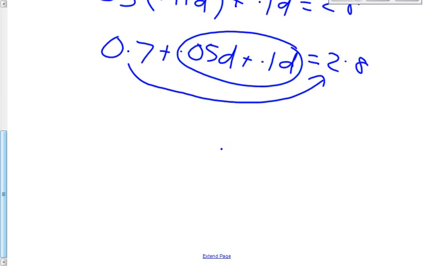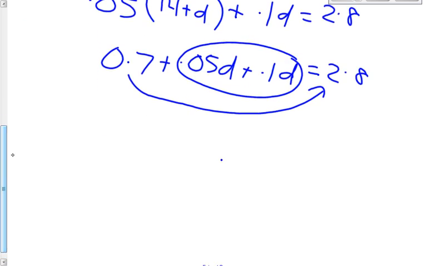So if you have 0.05d and 0.1d, you're going to get 0.15d. That equals 2.8 minus 0.7 is 2.1. So lastly, let's divide both sides by 0.15 to get d all by itself. When you take, on your calculator here, 2.1 divided by 0.15, you get d equals 14.